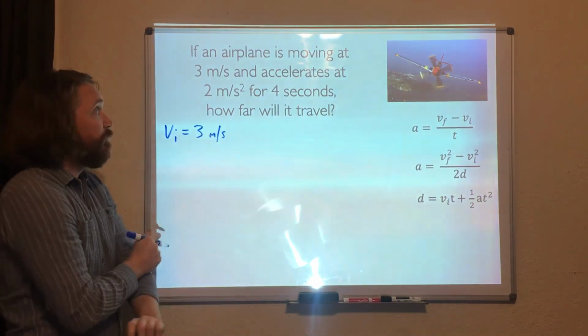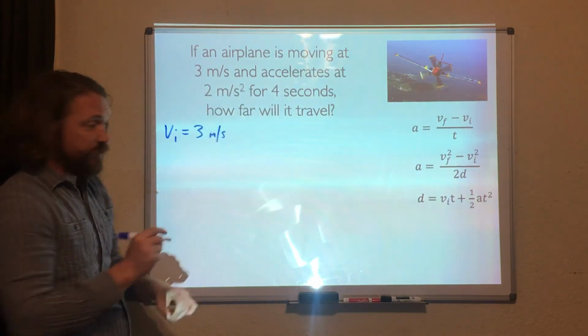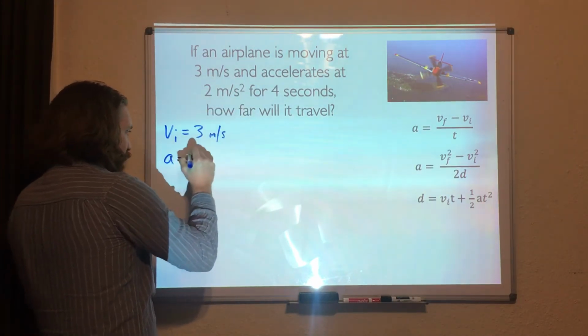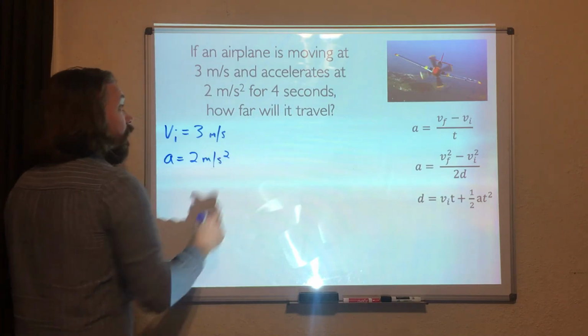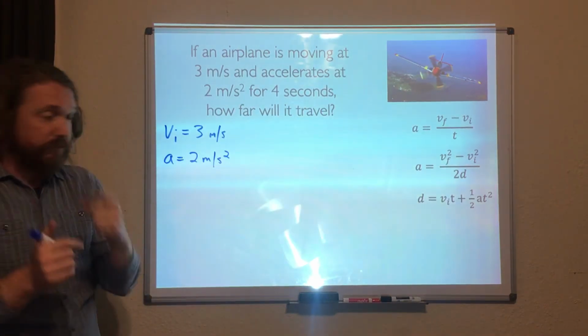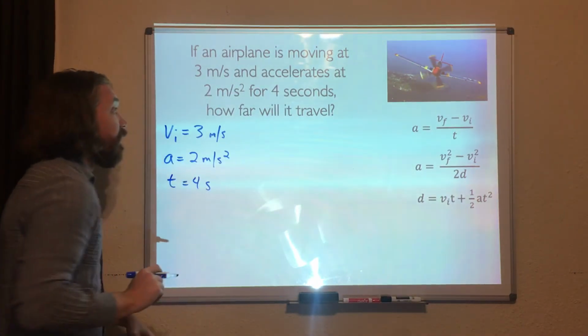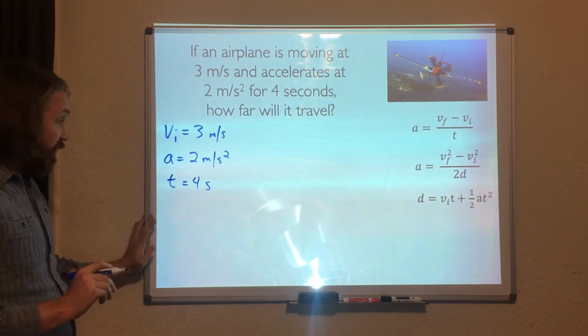We start there. It accelerates at 2 meters per second squared. Meters per second squared, always acceleration. For 4 seconds. Well, we know at this point, seconds is always time. Okay, that is all the numbers that we have.